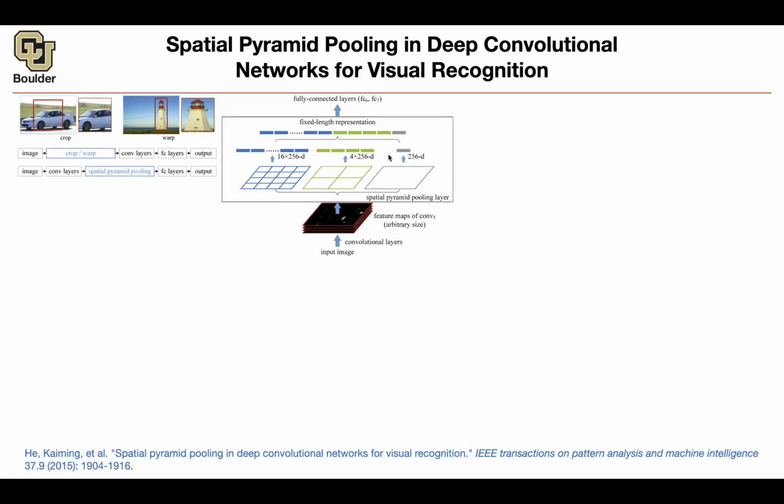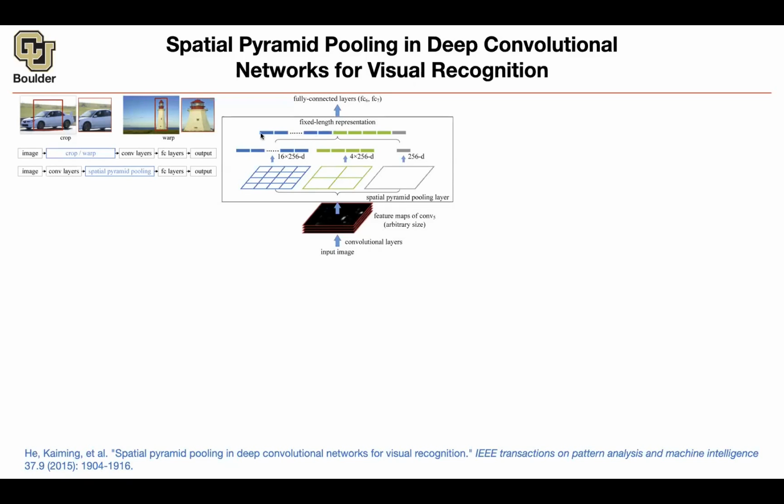The first one is going to give you 256 numbers. That's the size of this feature map. And then you're getting rid of your pixels. So that's going to give you a 256 dimensional vector. The next one is going to give you 4 of those 256 dimensional vectors. The next one is going to give you 16. And then you concatenate all of them together. And then you can push it through your fully connected network, through the rest of your network.